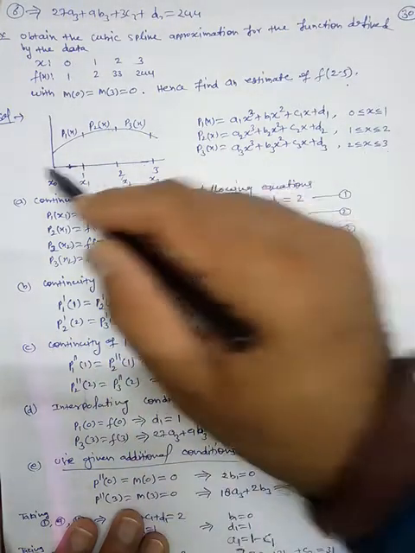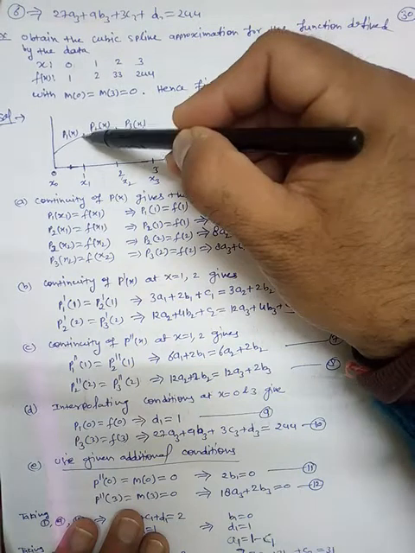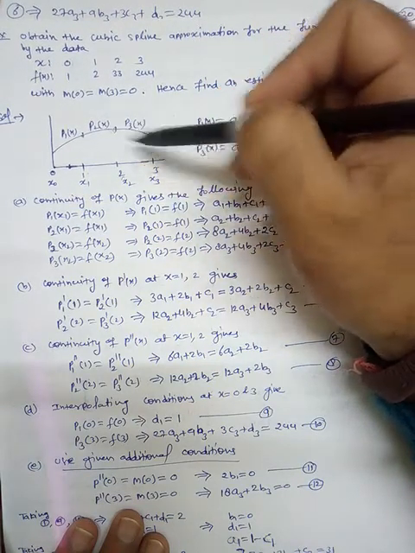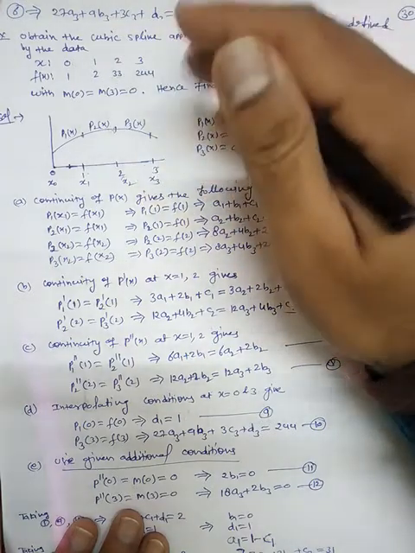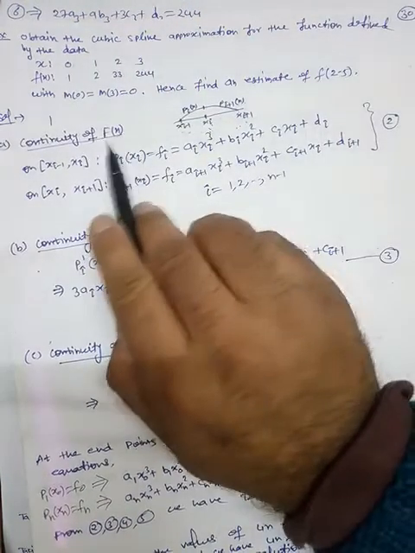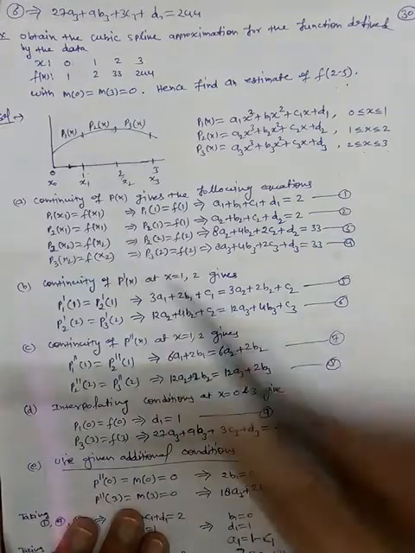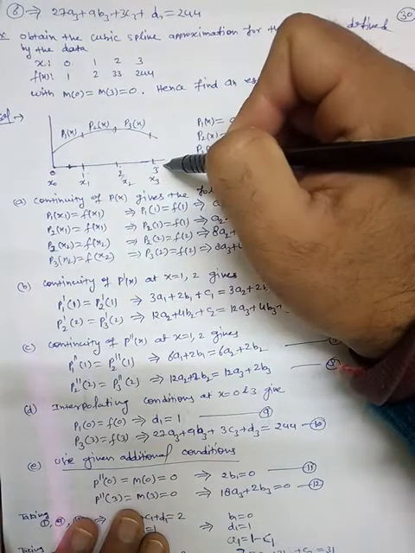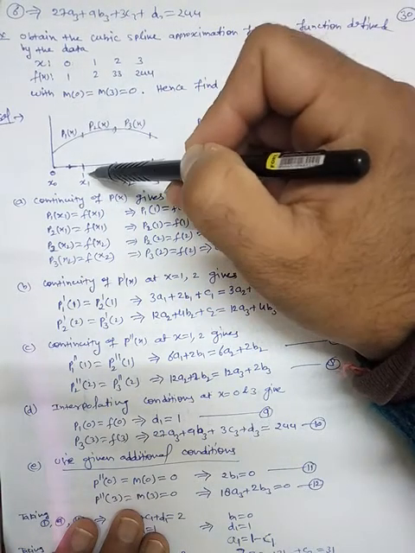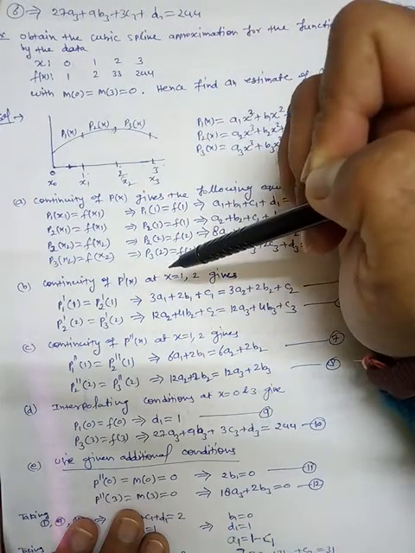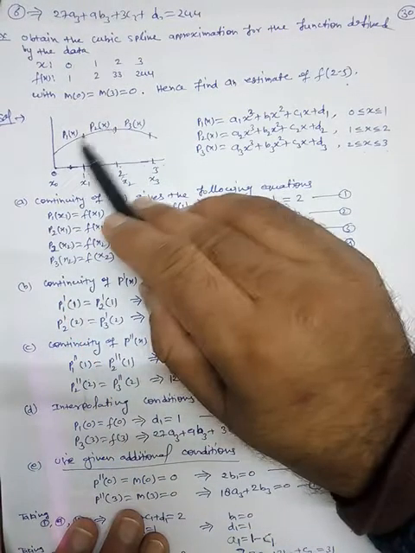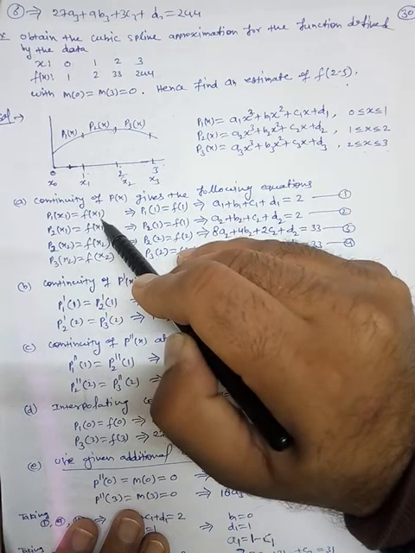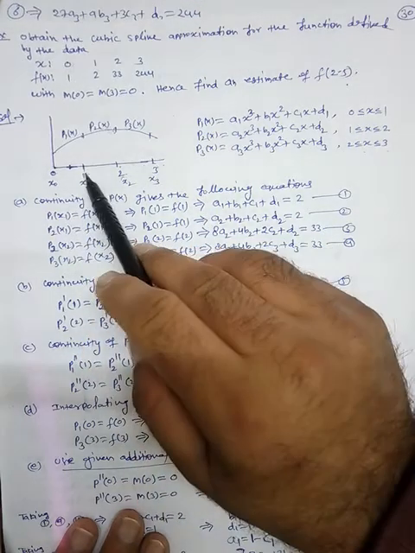Now this polynomial is continuous, that means continuous at the point x1 and at the point 2. Basically we are taking the continuity by the definition of the cubic spline, continuity in the open interval, so we will not consider 0 and 3, they are the endpoints. So continuity is discussed at the points 1 and 2 respectively. So P1, this polynomial, is continuous at this point, that means P1 at x1 is equal to f of x1. What is x1? x1 means 1.